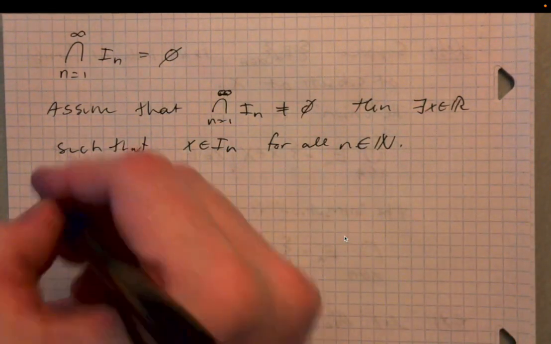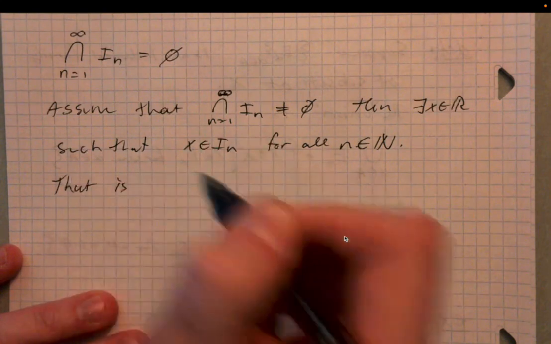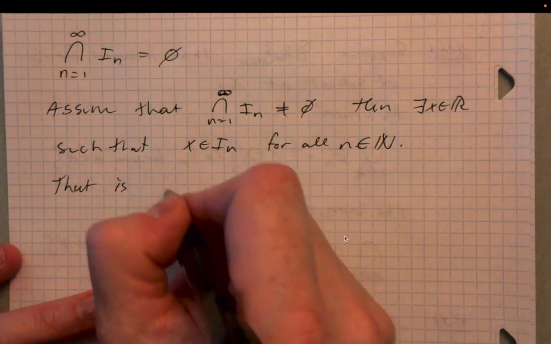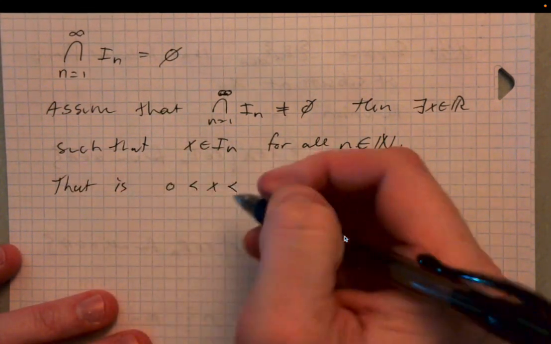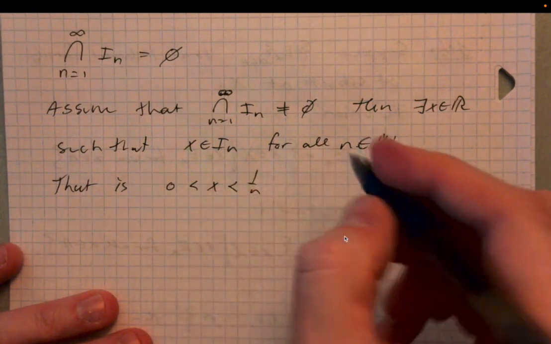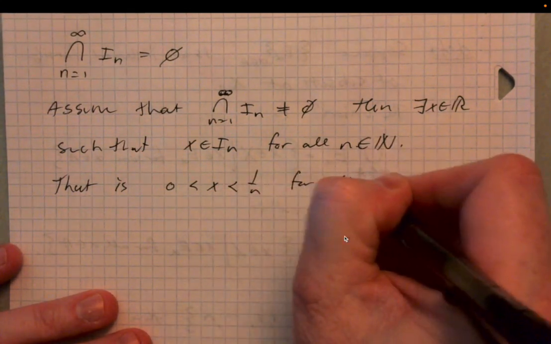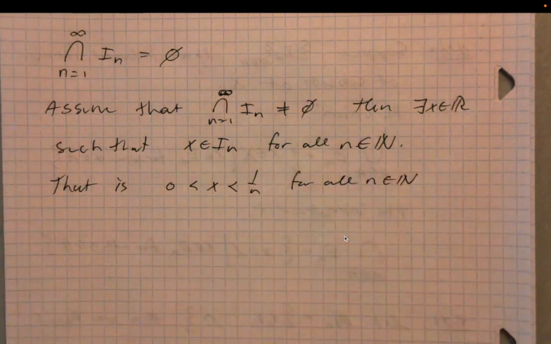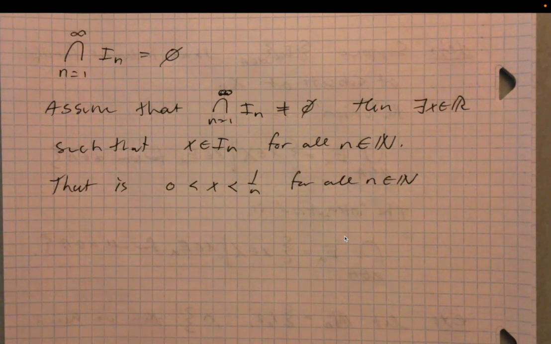And what does that really mean? Well, that means that 0 is less than x, which is less than 1 over n, for all n in N. Right, but this actually contradicts an earlier theorem.